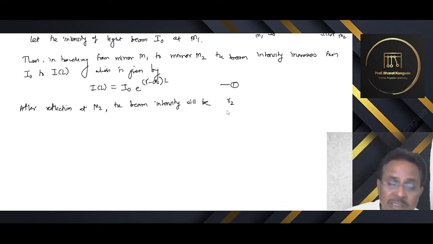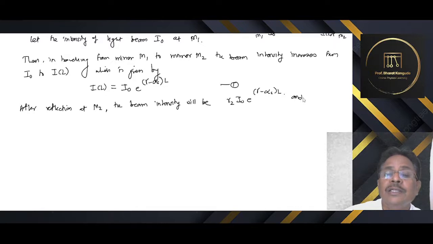So it is R2 times I0 into e raised to the same expression, gamma minus alpha S, times capital L. Here the reflectivity comes into the picture.